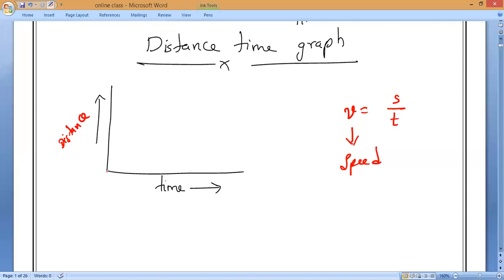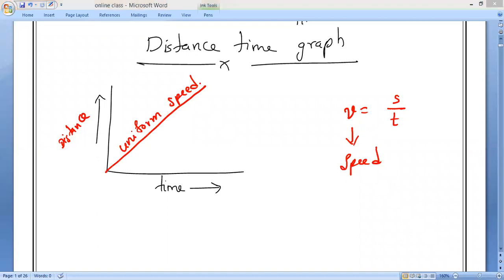Now if it is a straight line, then it is uniform speed. That is what all of you should remember. So this is the first graph which we are going to study: the distance time graph. Clear? Yes or no? Please respond.